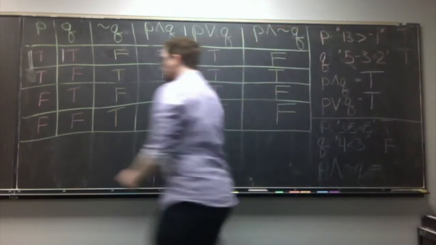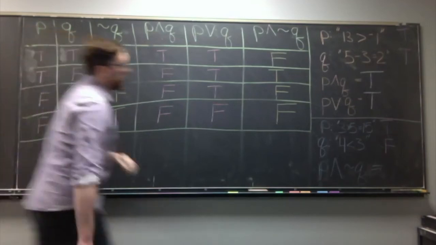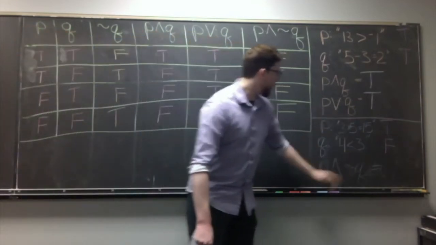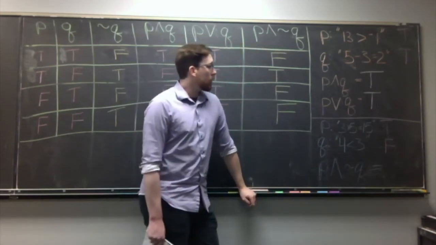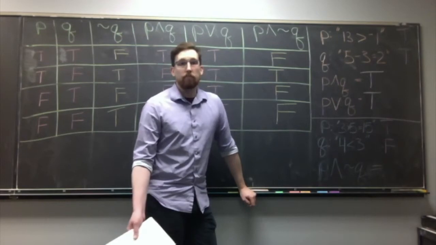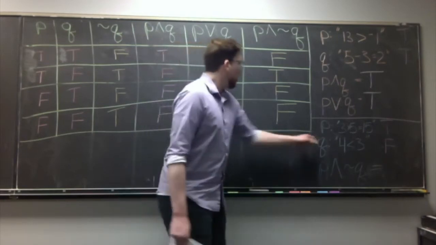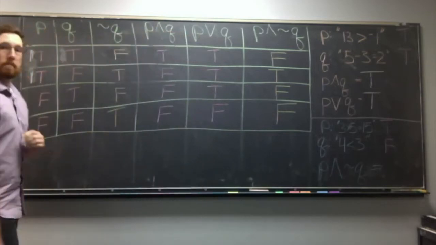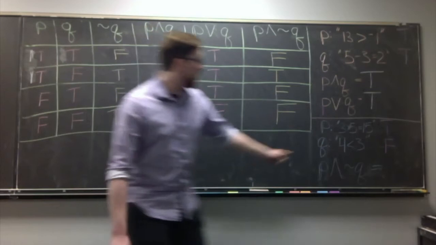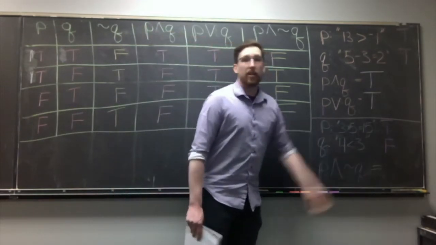Okay, cool. Now for this next set of examples down here, we've got P as a statement, 3 times 5 is equal to 15. That's true, okay. So we're going to be, again, in one of these two cases. For Q, we've got the statement, 4 is less than 3.